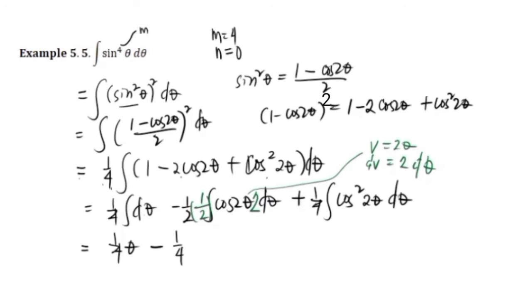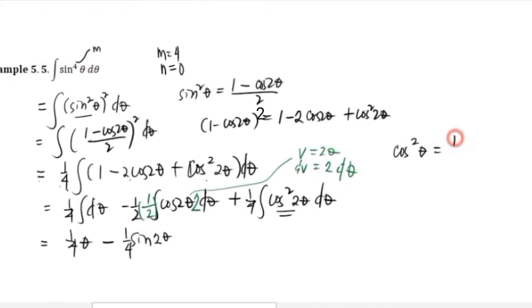So we have here 1/4. Since derivative niya na yun nandito, the integral of cosine is sine. So that's sine of v, which is 2 theta. And ang gagawin natin dito ay gagamitin natin ng power reducing formula. So according to power reducing formula, the cosine squared of theta is equal to 1 plus cosine 2 theta over 2.